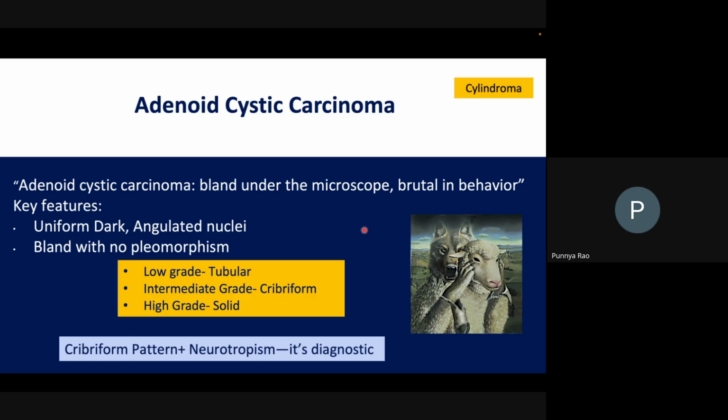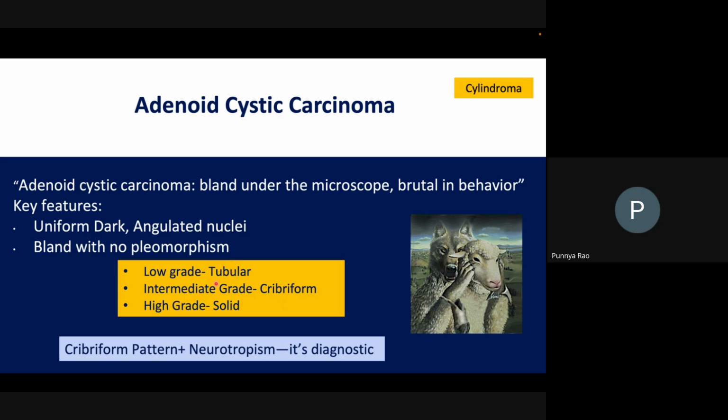So it's also referred to as a wolf in sheep's clothing. It behaves very indolent, but it's actually very aggressive. The key features you see here are uniform hyperchromatic, or dark, cells, and they have angulated nuclei. They are isomorphic. There is no pleomorphism anywhere. But the cells can be arranged in multiple ways.